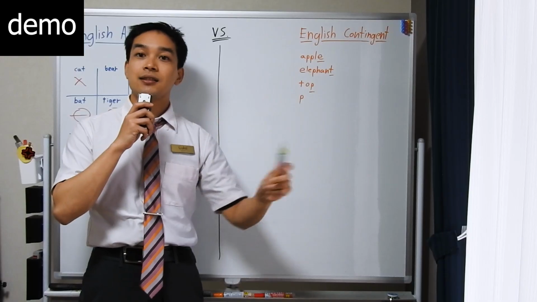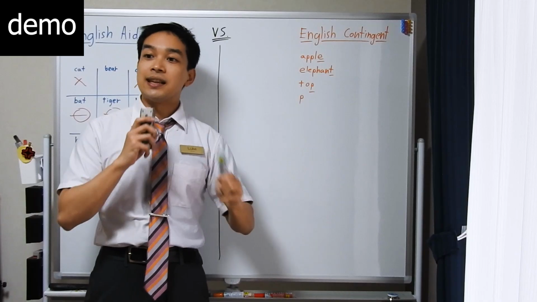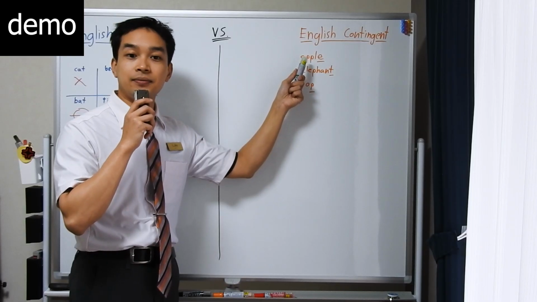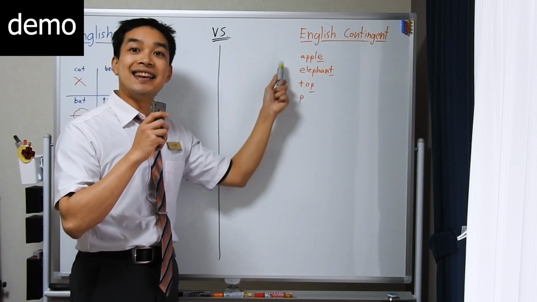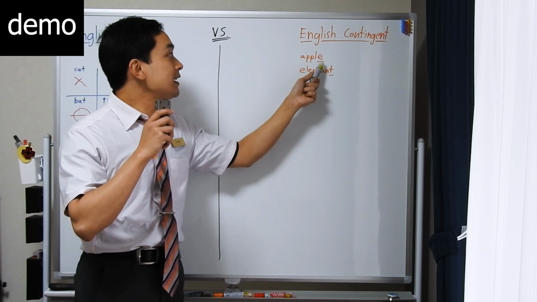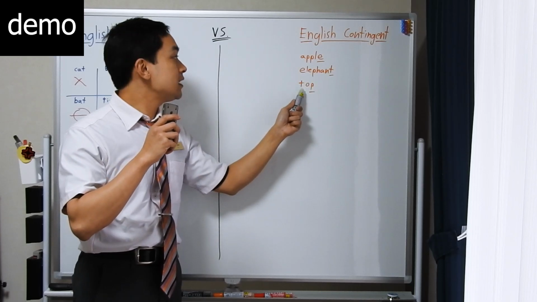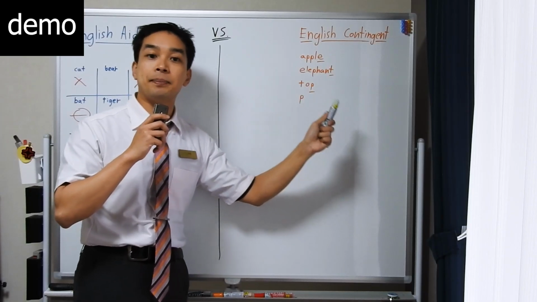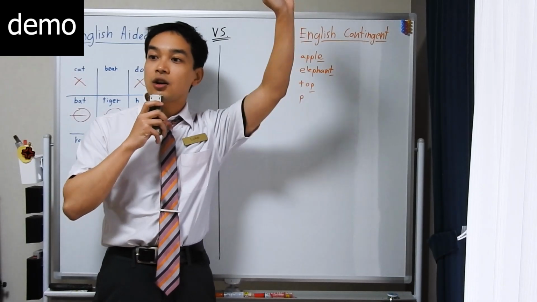Good morning, class. This is English shiritori. So, for example, I start with apple. Apple ends with E. So the next word starts with E. Apple, E, E. Elephant, T, T, top, P, P. And next word starts with P. Okay. What word starts with P?